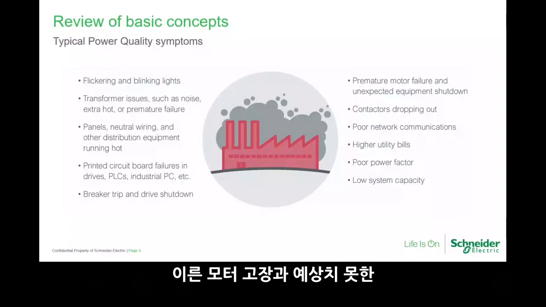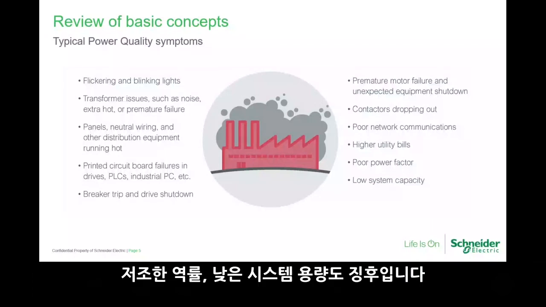Premature motor failure and unexpected equipment shutdown. Again, most likely this is caused by transients and also by harmonics. Contactors dropping out is quite common. Poor network communication, higher utility bills, poor power factors, low system capacity.